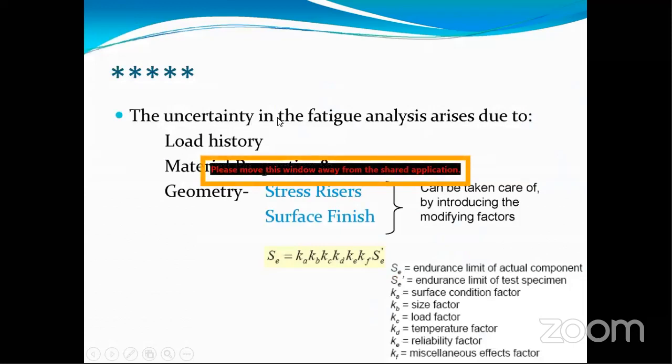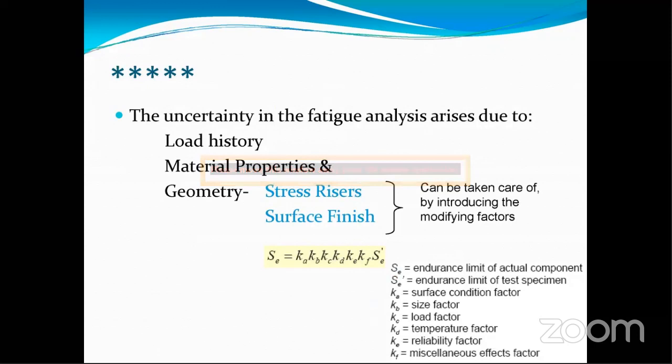But there will always be uncertainty in fatigue analysis. For example, consider an aircraft taking off from point A and landing at point B. During its takeoff, cruise, and landing, it will undergo many loading cycles.